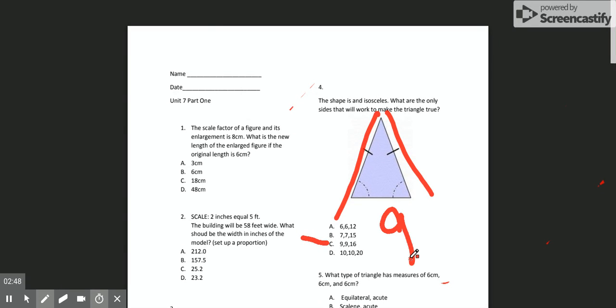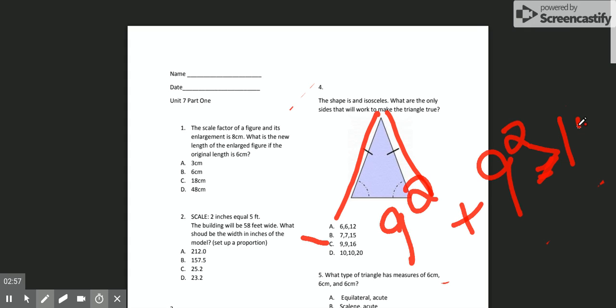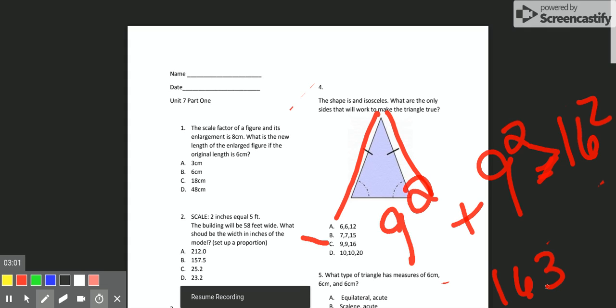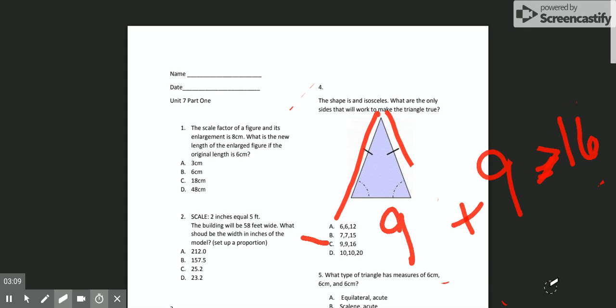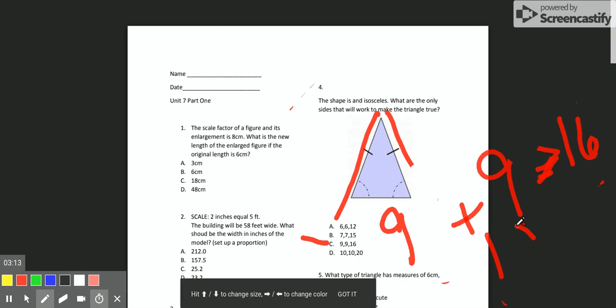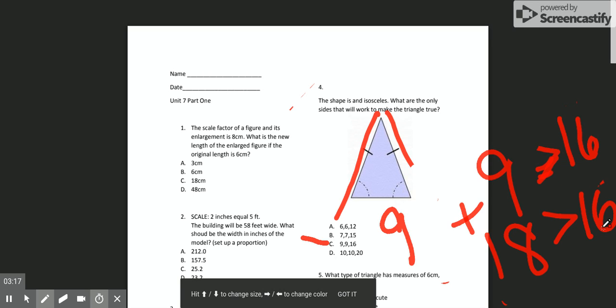I'm going to go ahead and plug this in, that way you can see it. So 9 squared plus 9 squared has to be greater than 16 squared. Actually, let's go back and fix that. Don't do the squares. So if I just do the 2 sides, 9 and 9, I get 18. And 18 is greater than 16, so that's why number 4 is C.